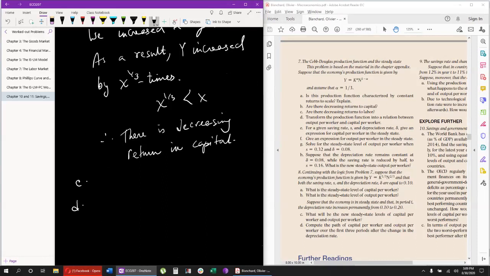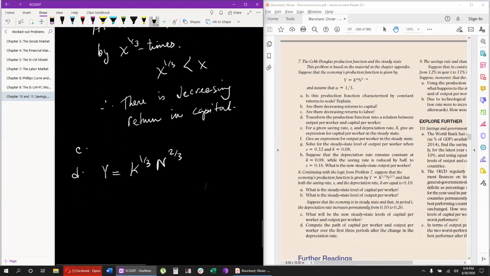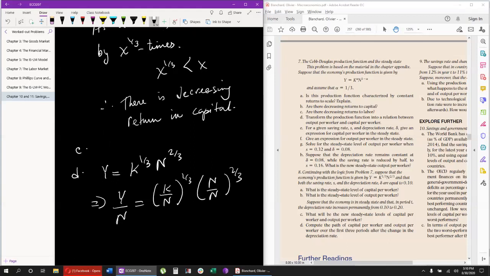Part D, transform the production function into a relation between per worker terms. So we have this k to the power 1 by 3, n to the power 2 by 3. Now we want this in per worker terms, so we divide everything by n. k by n to the power 1/3 and n by n to the power 2/3.